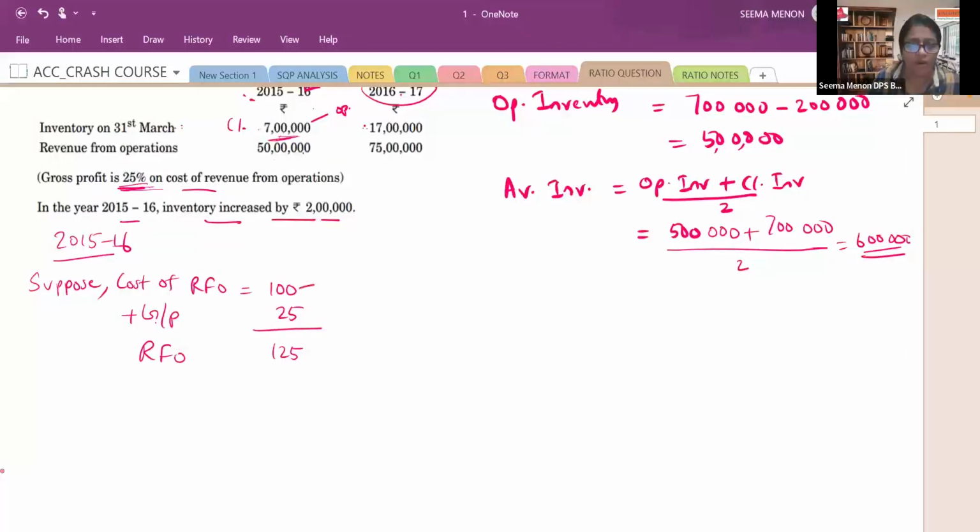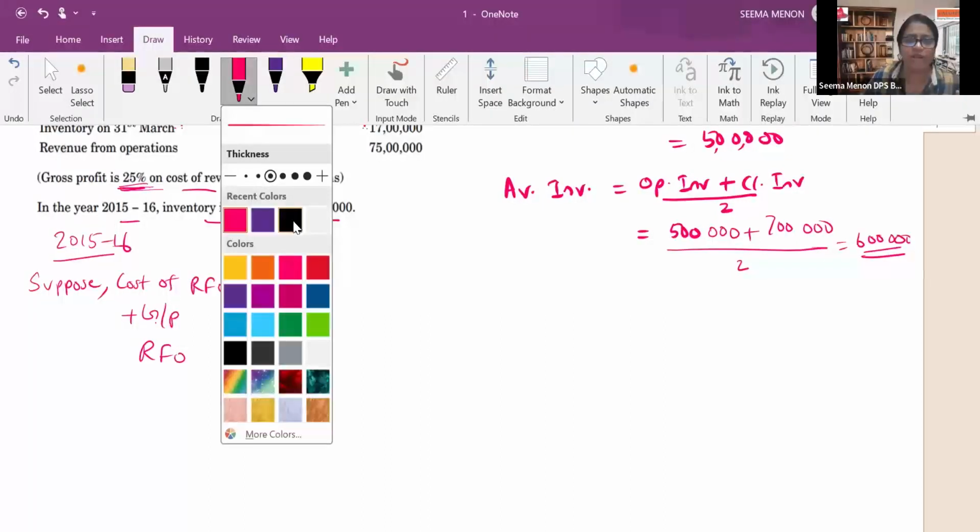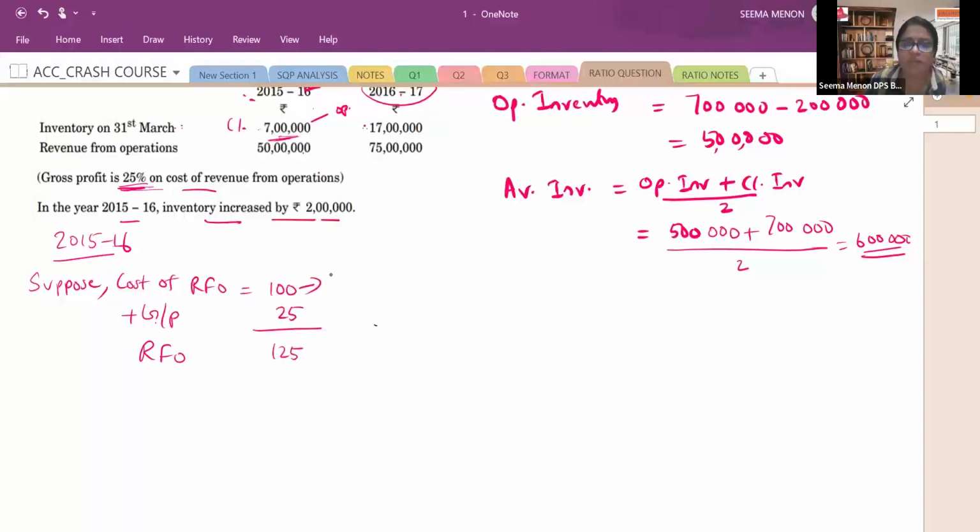Now, if 125% is 50 lakh, what do we need? We need to find out 100%. 125% is 50 lakh rupees. Then what is the 100%? Let's find out. Directly you can write, cost of revenue from operations is equal to your 100%, which you need to find out.